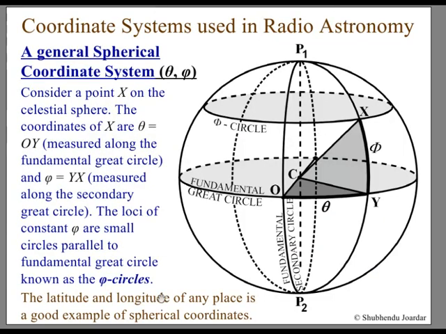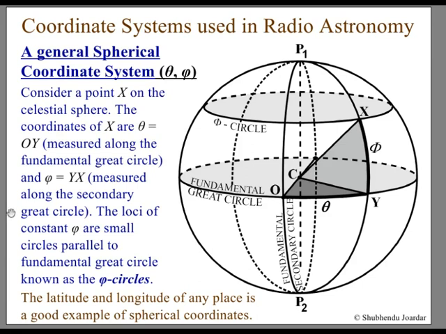With these ideas, we can form different coordinate systems that we use. The first is a general coordinate system. As we have seen, we require 2 great circles perpendicular to each other as the reference point from which measurements will be taken.